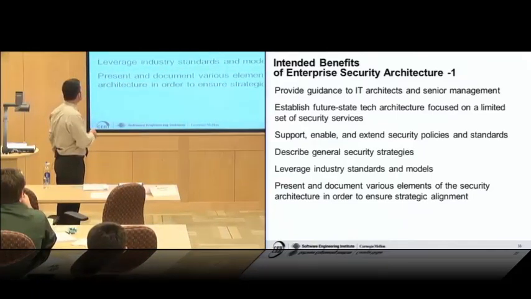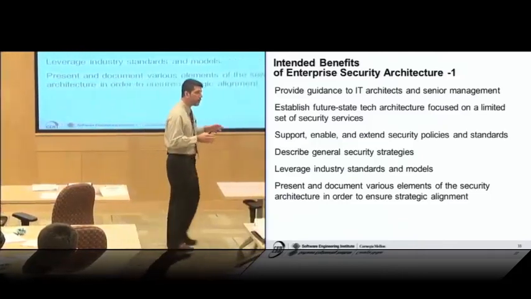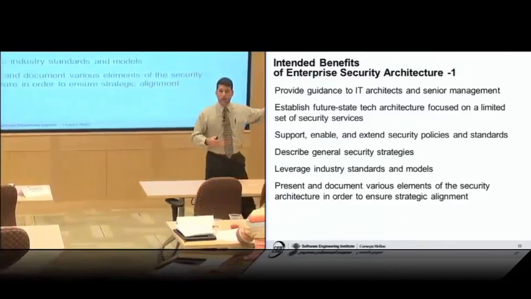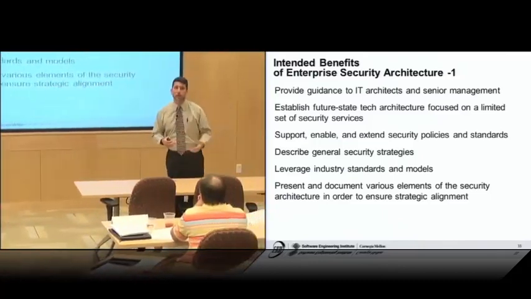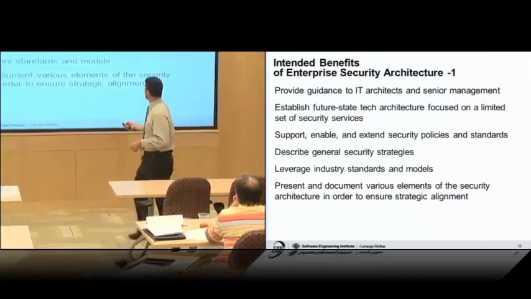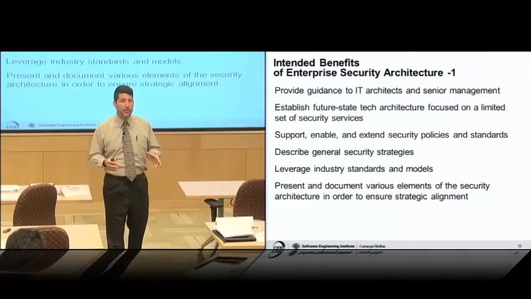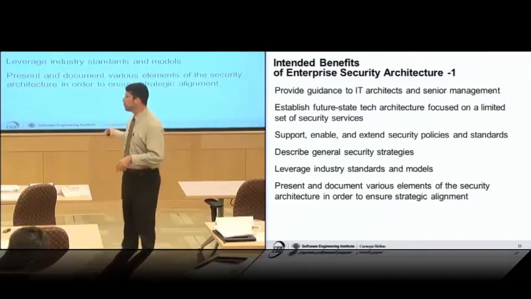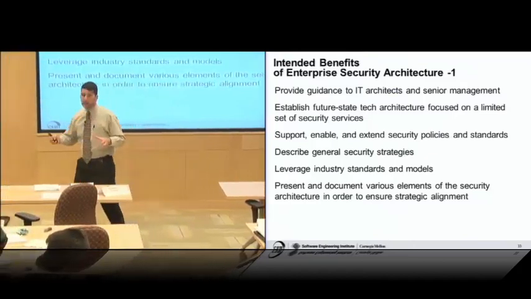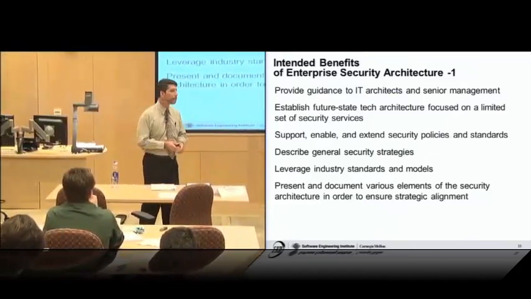You want to be able to ensure that whatever security services you're providing now will be in your future build, that you have those goals in mind when you're picking your new technology as you go into refresh states. You want to be able to maintain your goals, your policies and your standards. The architecture allows you to do that holistically across the entire environment.